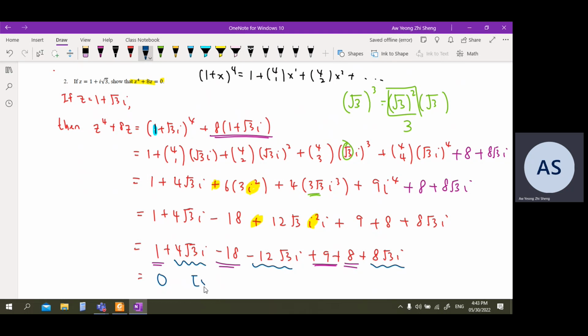And we have shown the equation that they asked us to show. Okay, question 2 is done, and we'll move to question 3.